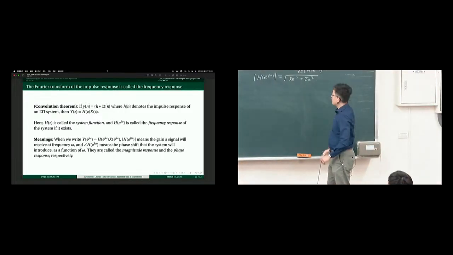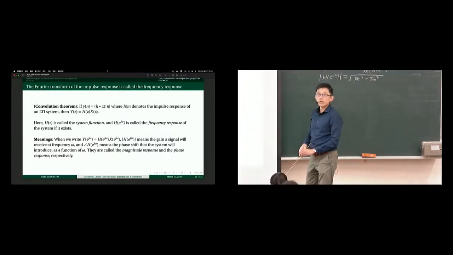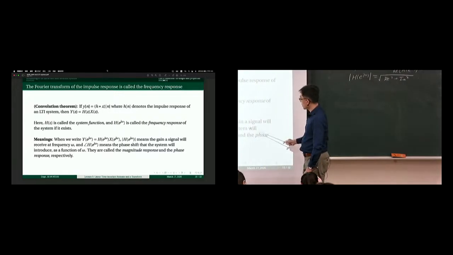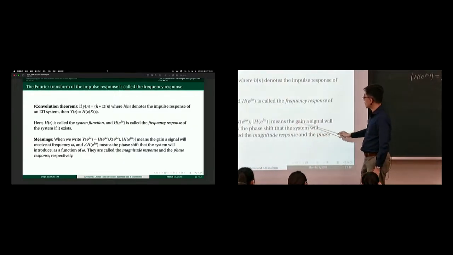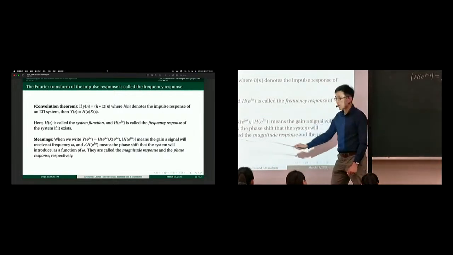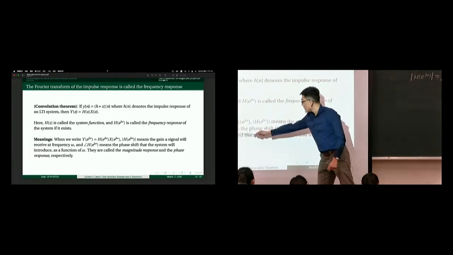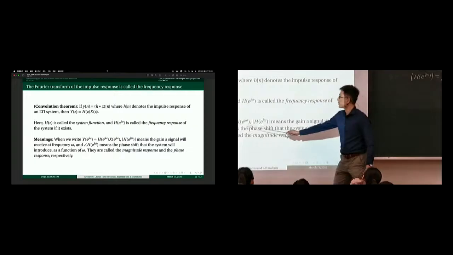Now when we evaluate these over big H, H characterizes the system. So the meaning is that the magnitude response gives us the gain a signal will receive as a function of frequency omega, whereas the angle right here means a phase shift that the system introduces, also as a function of omega.